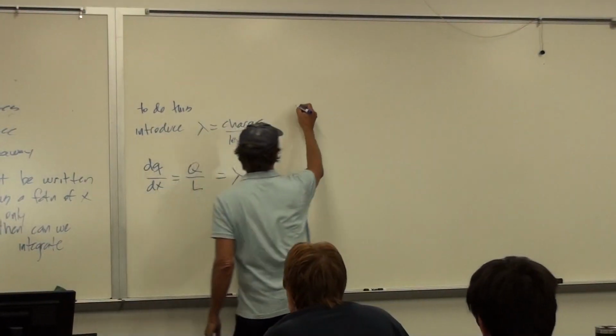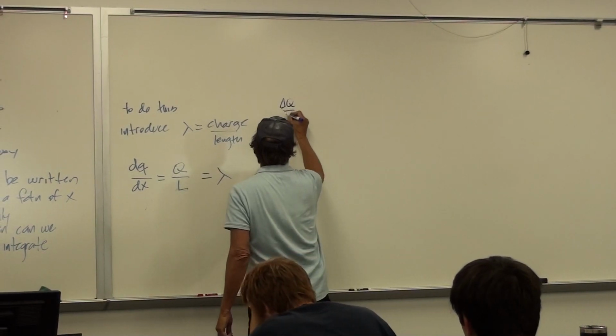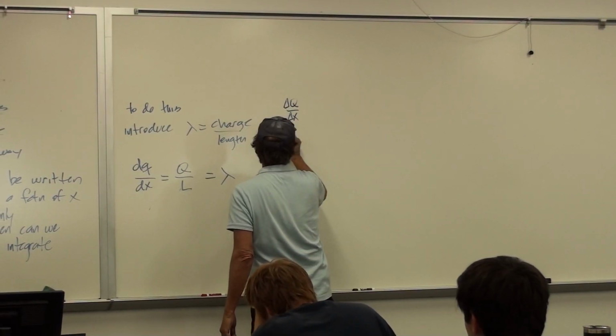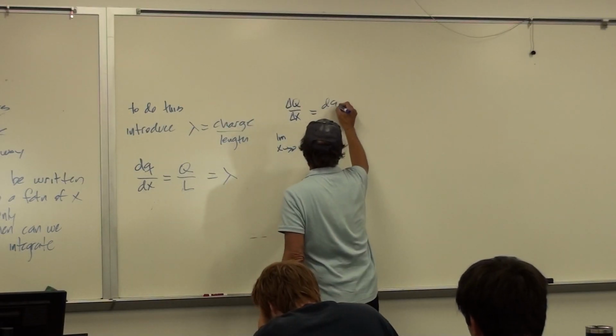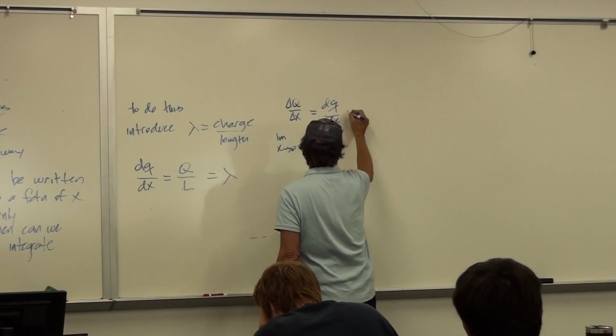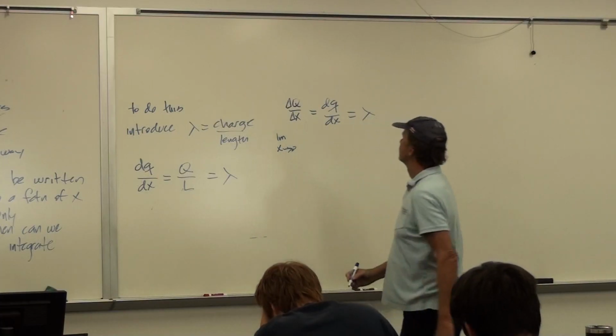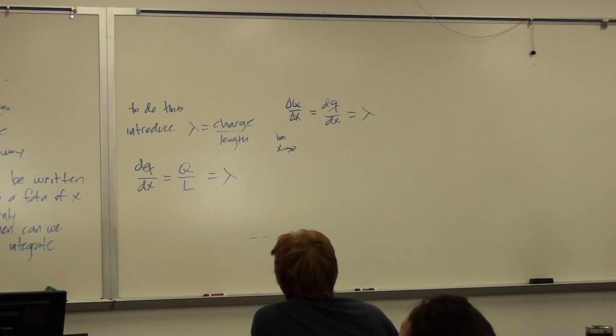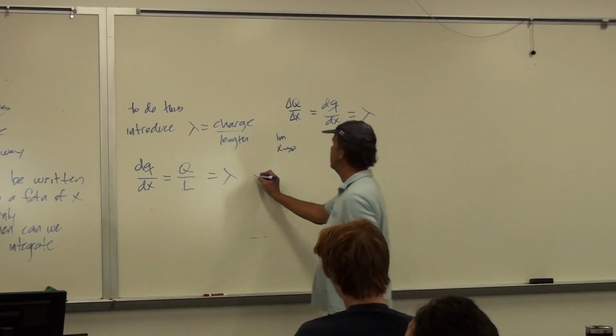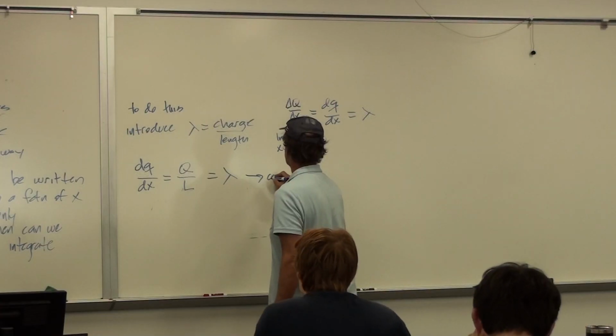That's essentially what I'm doing here. I'm saying delta q over delta x in the limit as delta x goes to 0 is just dq/dx, but it's a constant. The slope of charge versus x is a constant, and that's your lambda. So this is my constraining function. So important to understand this.